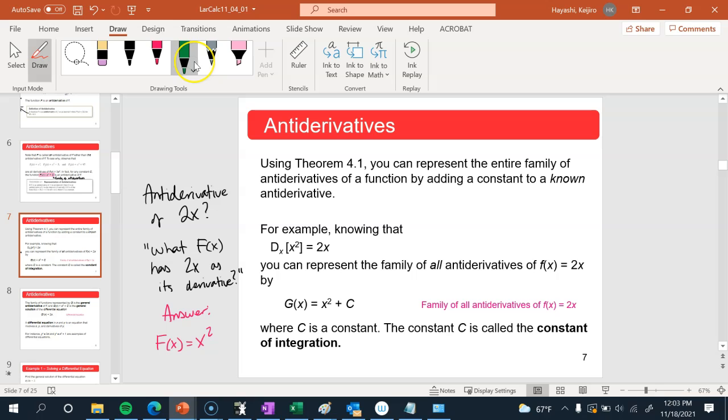But not just x squared. You would also want to include x squared plus 1, x squared minus 5, x squared plus 10, x squared minus 9,999. So, the actual answer is x squared with any constant at the end.